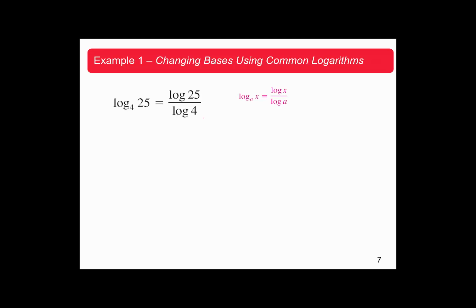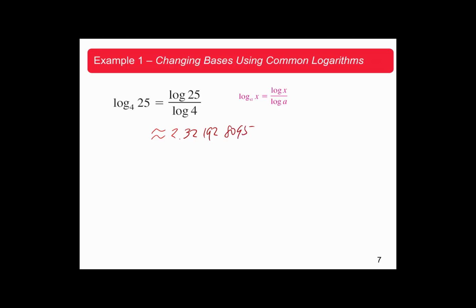Log 25 over log 4 turns out to be approximately 2.3219.